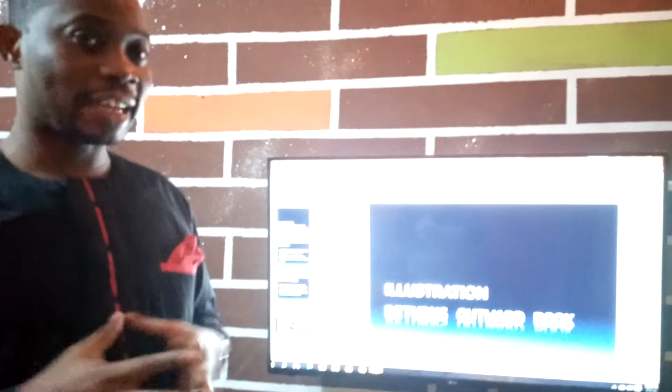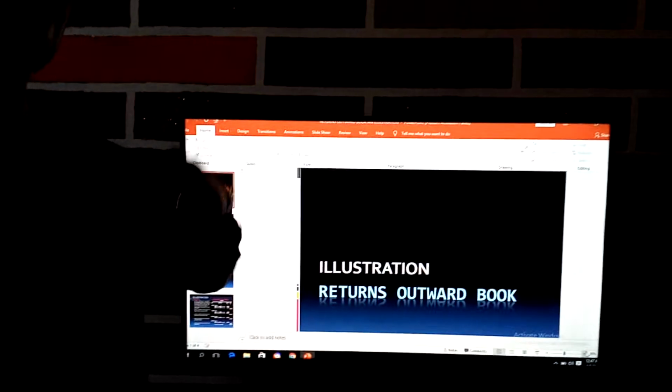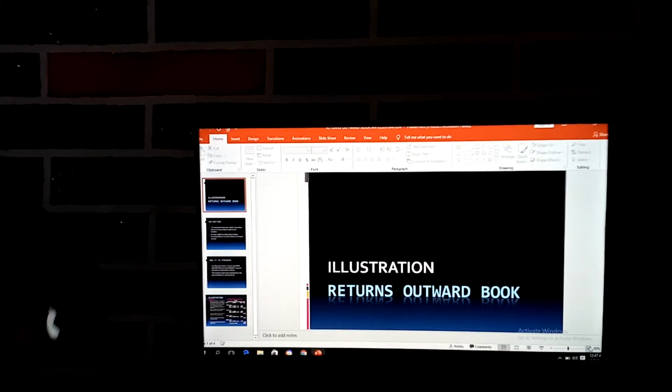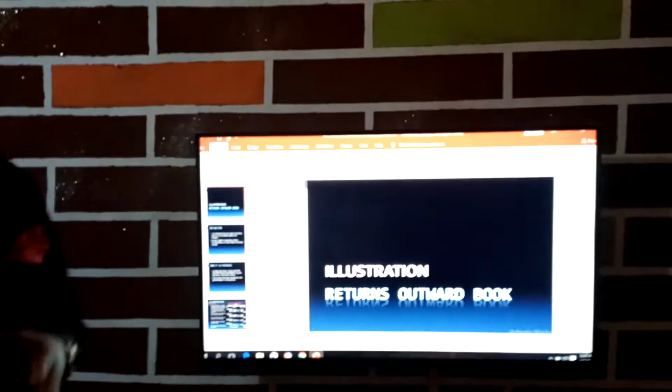Now we are looking at the returns outward book. Recall that we talked about the purchases day book that records goods purchased on credit. Think about the fact that it is not impossible to return some of what was purchased.